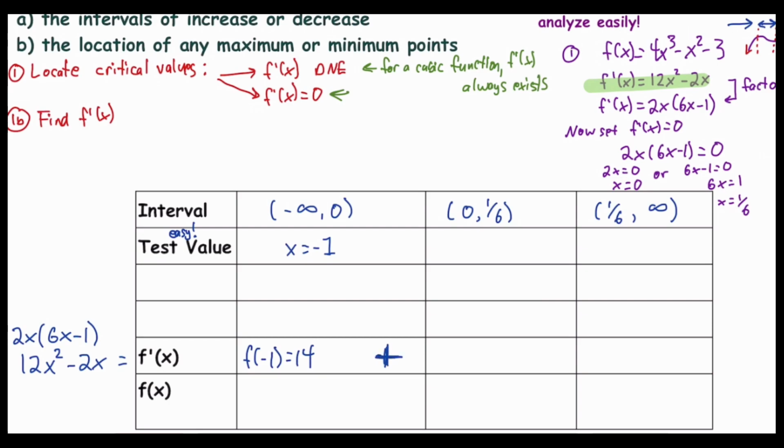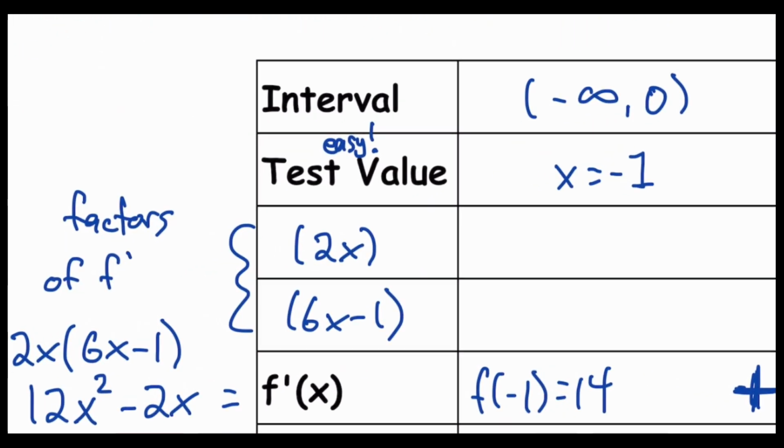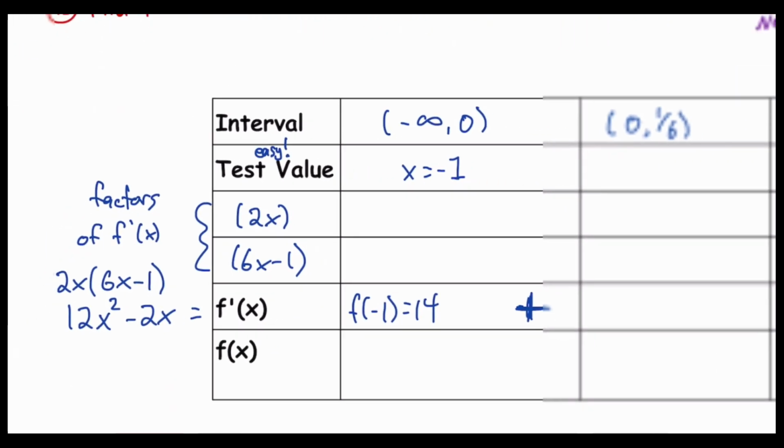And I could figure this out quickly or in a more indirect way as well without a calculator. What I could do is look at the two factors of f prime of x. Honestly, I've never used this method. I have never split it up like this to answer these questions, but you can.